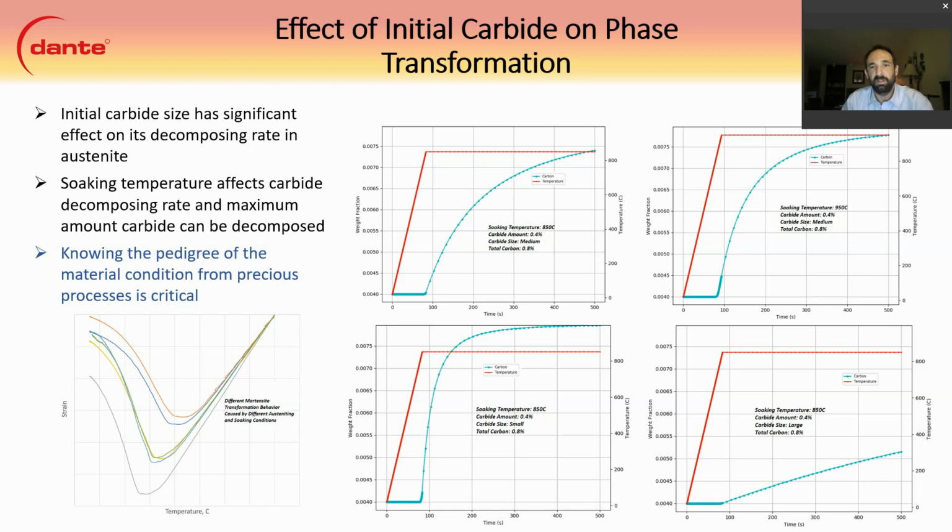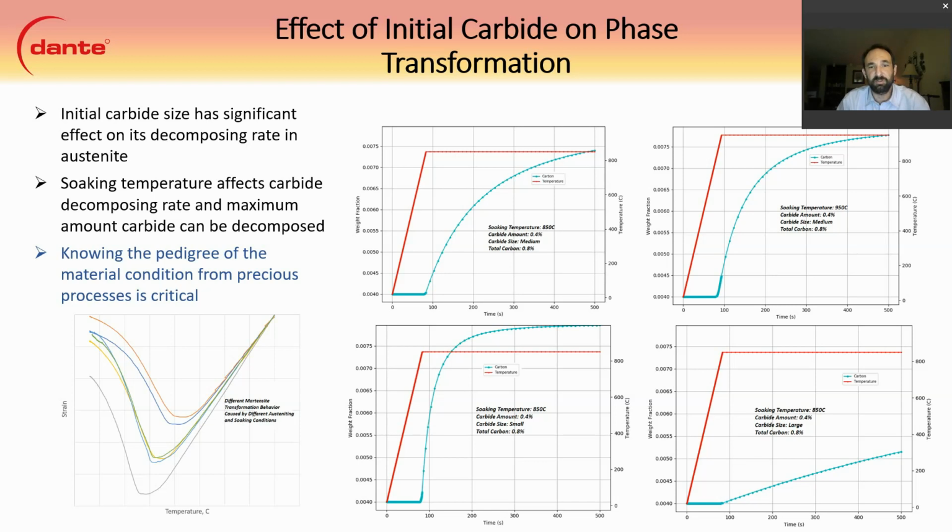which is then dissolved during heating and hold. And the figure on the top left, bottom left, and bottom right are all soaking temperatures of 850 with different size carbides. So the top left is medium, bottom left is small, and bottom right is large.